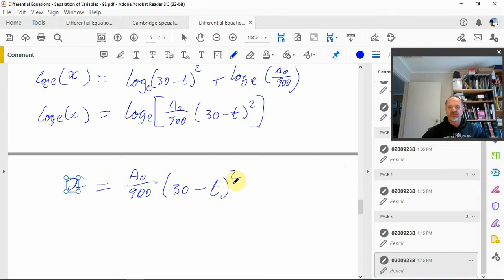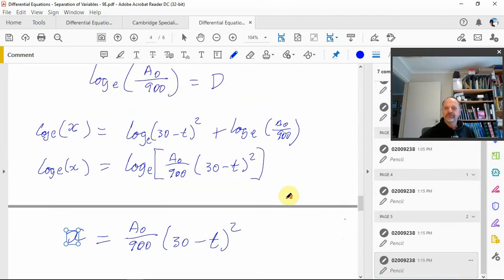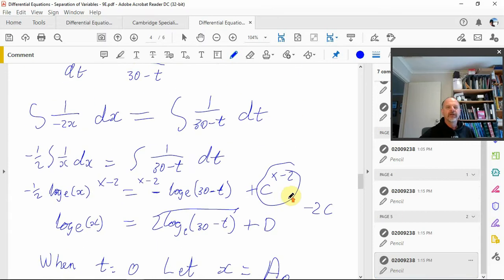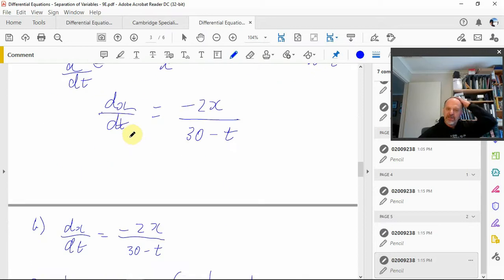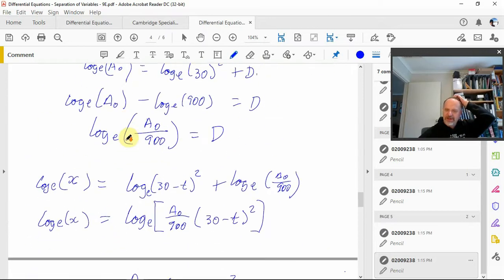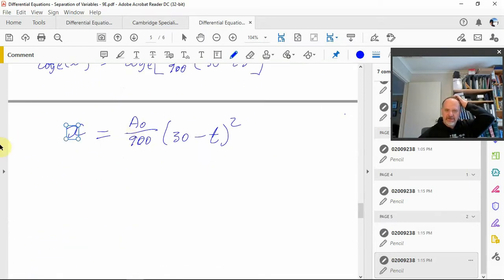So that's how much we have got in our tank at any given time. So let's just shoot back up here, find the general solution of this differential equation. So how much we've got of our chemical at any time, and there it is, based on the amount we started with. It's going to vary depending on how much of this chemical we started with.